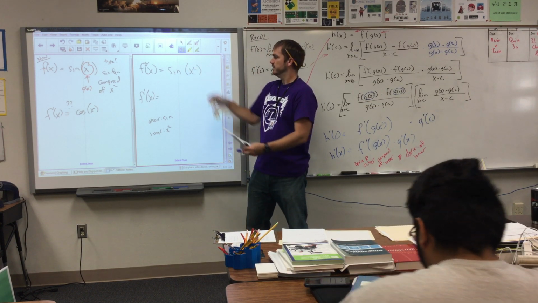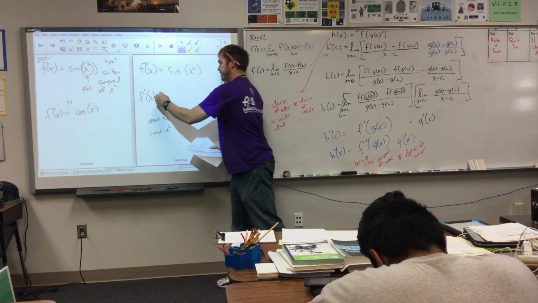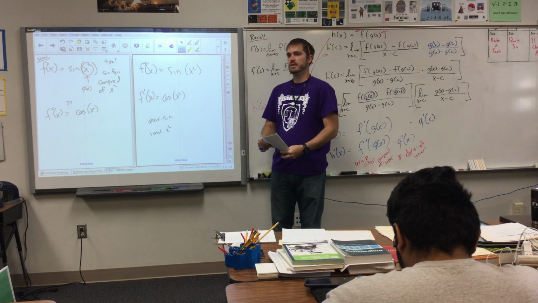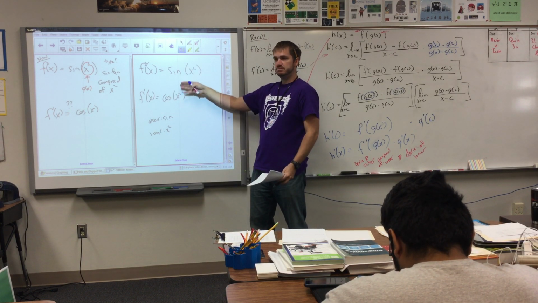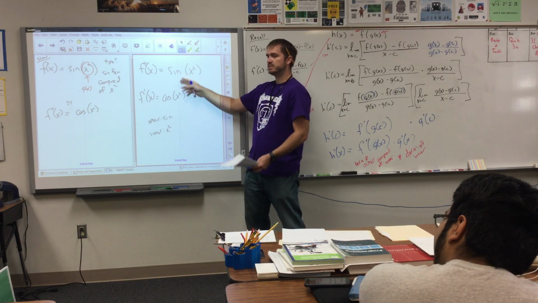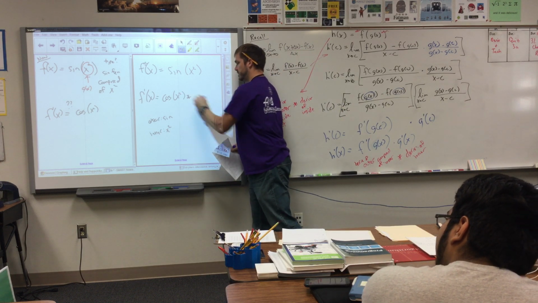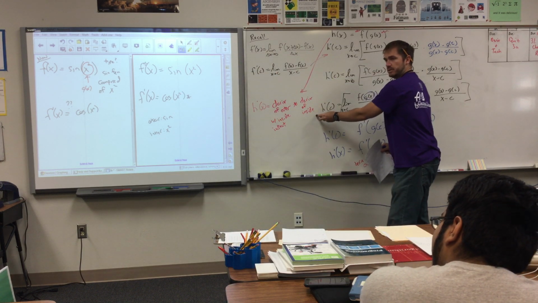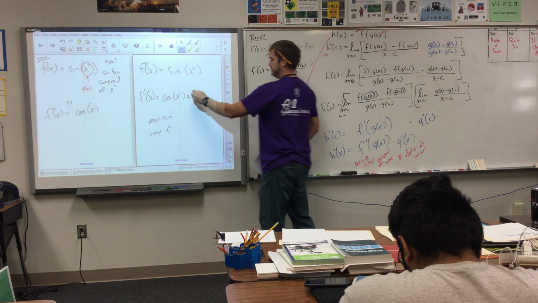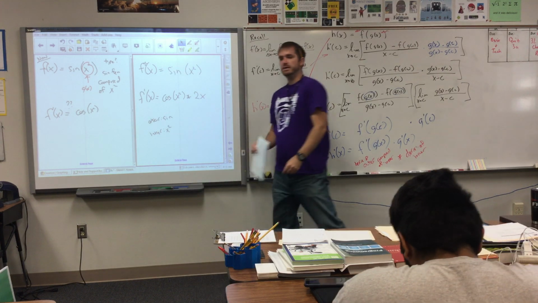The derivative of sine of blah is cosine of blah. Does that make sense? The derivative of sine of x is cosine of x. The derivative of sine of x squared is cosine of x squared, chain rule, times the derivative of the inside, 2x. Done.